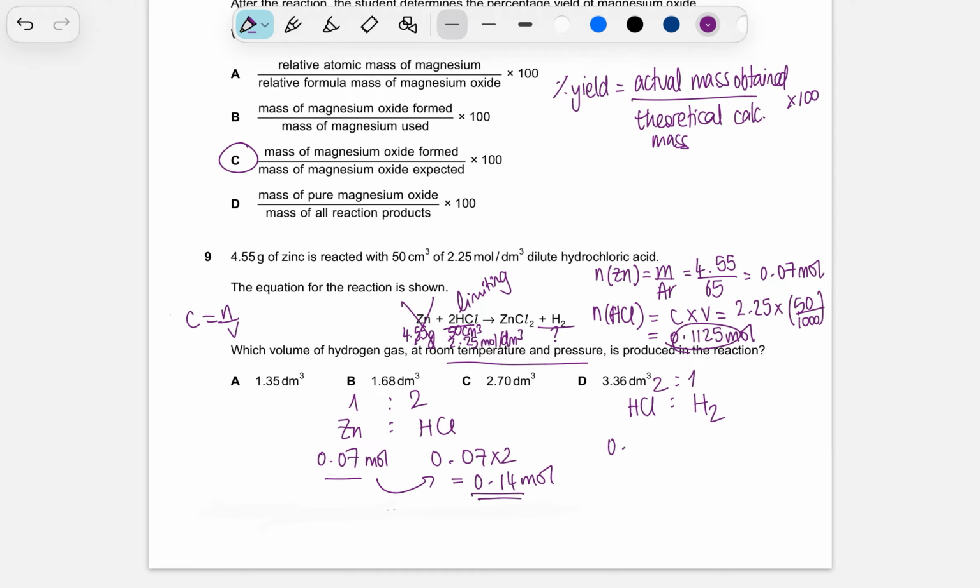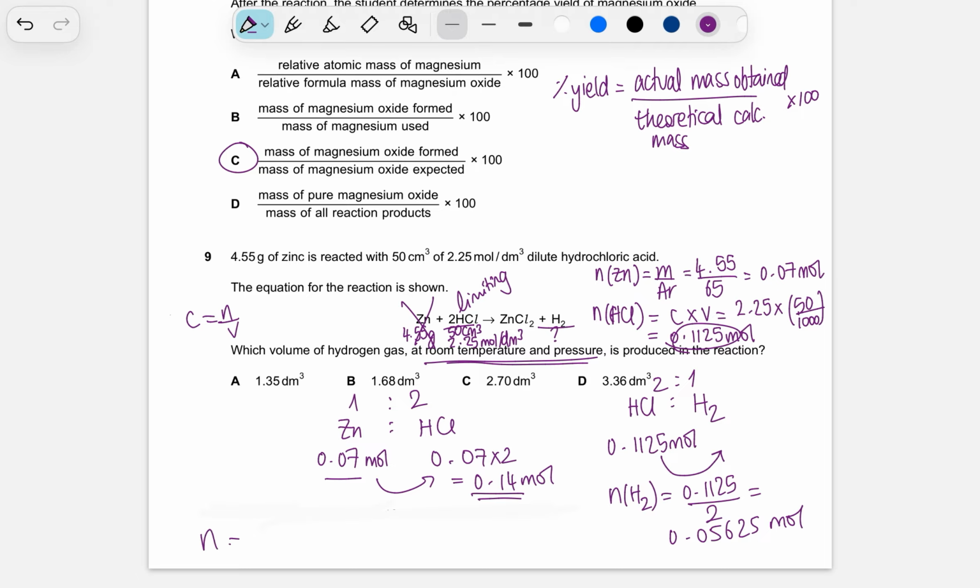So to go from hydrochloric acid to hydrogen, the number of moles of hydrogen will be 0.1125 over 2, so 0.05625 moles.